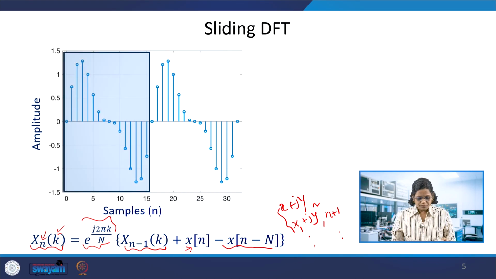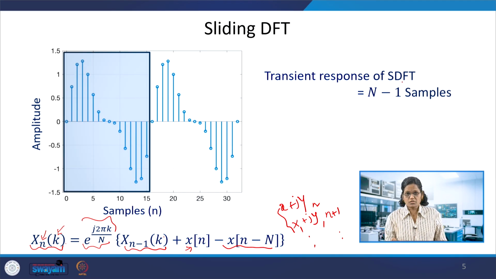So what would be the transient response of this filter, considering k is tunable: 0, 1, 2, 3? I can extract the fundamental alone from the signal instantaneously, or the 1st, 2nd, 3rd and so on. In that case, the transient response is N minus 1 samples. I need to wait until N minus 1 samples are collected, that is 0 to 15 here, and then I get the DFT at that instant.